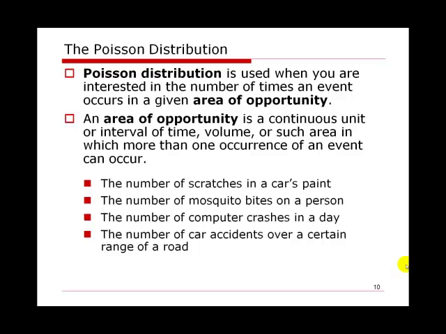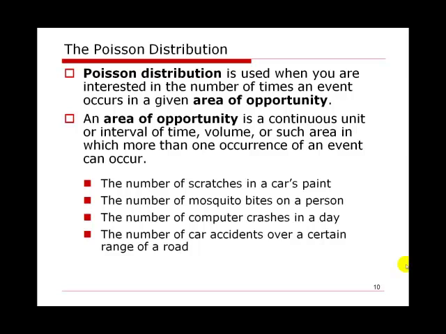However, the difference is, if you recall, in the binomial distribution we are looking for the number of events of interest that will occur within a given number of observations. But the Poisson distribution is used when we are interested in the number of times an event occurs in a given area of opportunity.